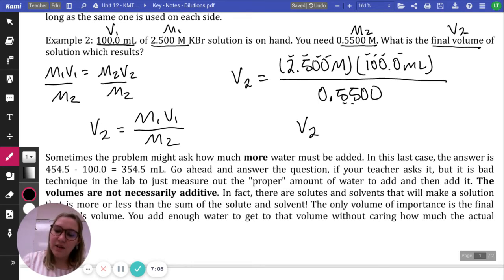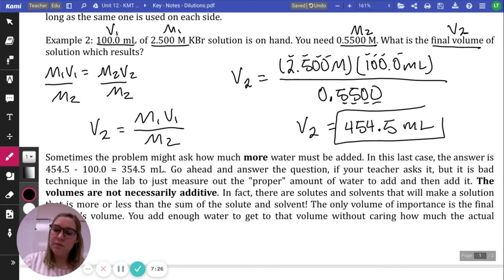And my 0.5 has 1, 2, 3, 4. So my fewest number of sig figs is going to be 4. All of them have 4. And so my volume should have 4 sig figs as well, which would give me 454.5 milliliters as my V2.